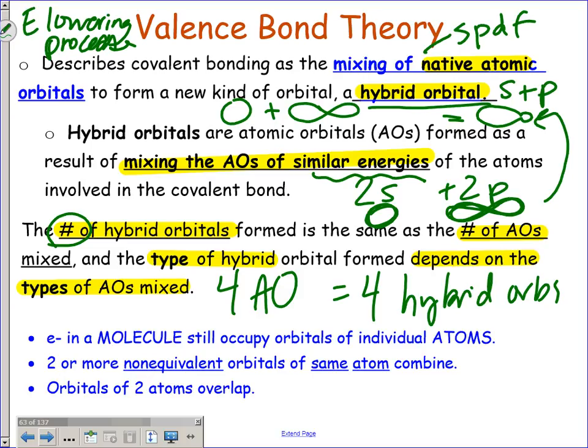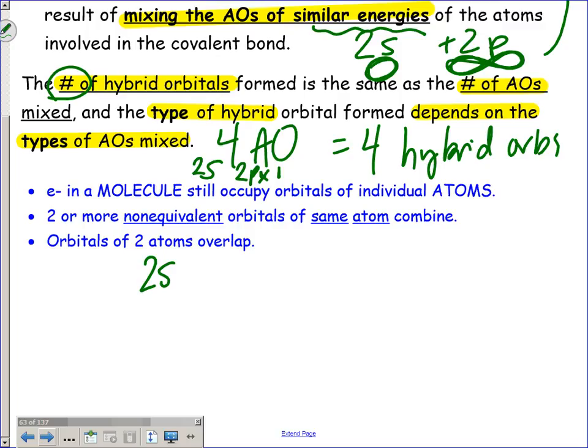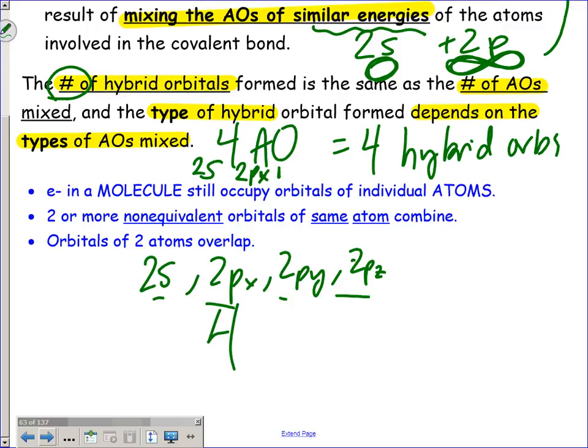Think of it as they change their shape and that's it. So 4 atomic orbitals could be something like an s orbital, let's say 2s from our carbon. How many p orbitals are in the p sublevel? 3. We have 3. Px, py, pz. So there's a 2s, 2px, 2py, and 2pz. 1, 2, 3, 4 orbitals come together, 4 atomic orbitals.